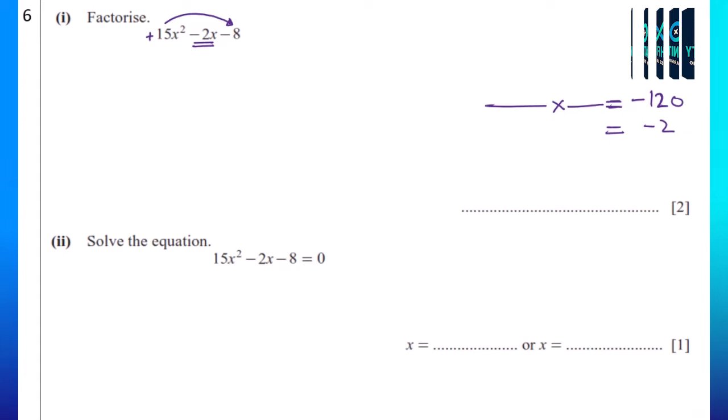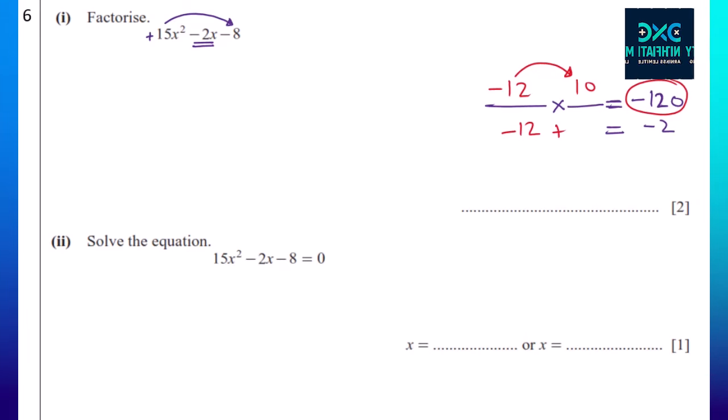Let us try 10 times negative 12. When you multiply these two numbers, we get negative 120, and negative 12 plus 10 is negative 2. So these two are the numbers that fulfill these two conditions.